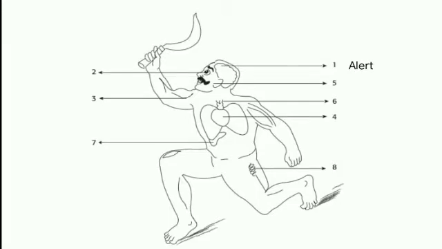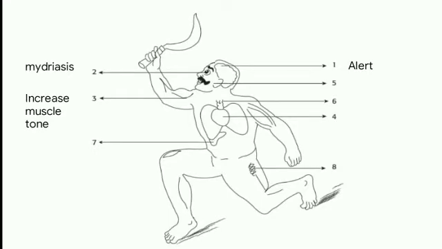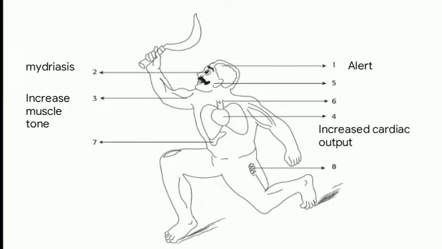On the eyes, mydriasis takes place. The pupil is dilated. And what about the skeletal muscle? There is increased muscle tone. The heart rate increases, so the force of contraction increases, and ultimately there is an increase in cardiac output.